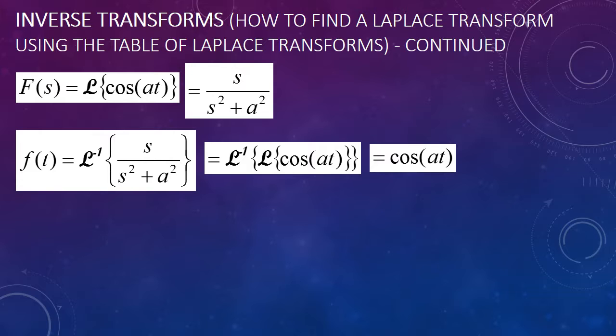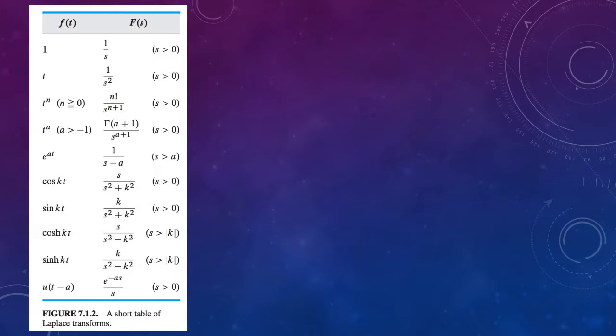Now, this is great if you want to do a lot of integrals, but these integrals have been done before, and they're in this Laplace transform table, just like this. So if you want to take a Laplace transform, you can look it up in this table. Now, this table has a few things that we haven't dealt with before.